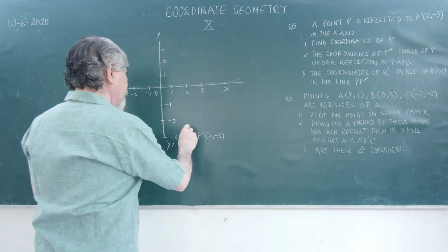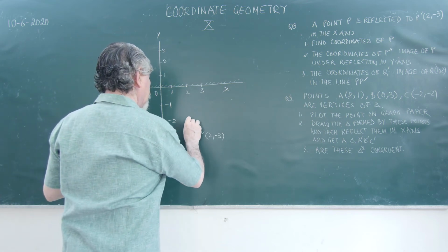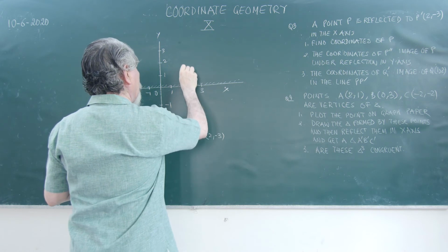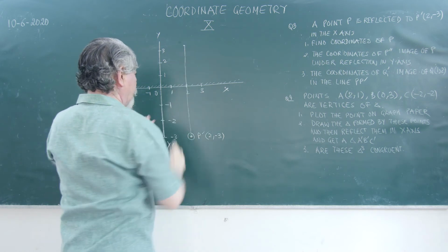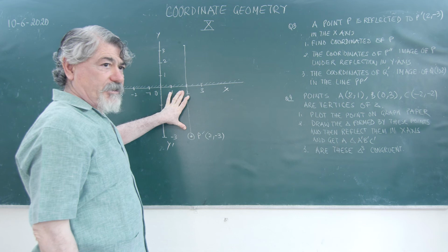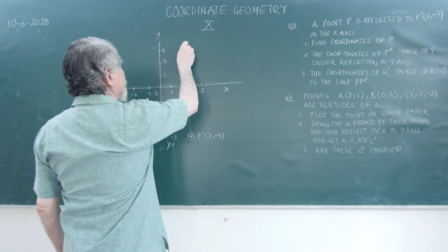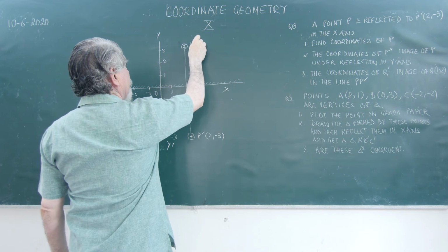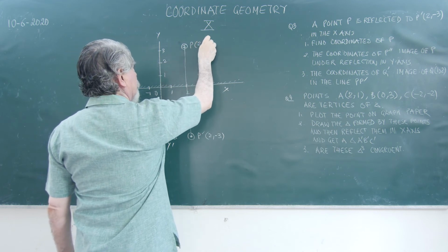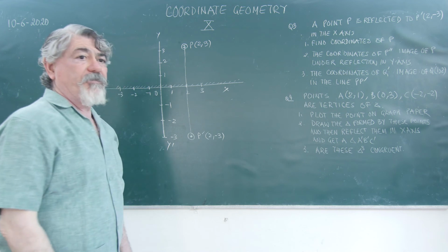If I go up, whatever is the y distance here, 3 is the distance, minus 3, so on its side it will be plus 3. So the P coordinates will be 2, 3.